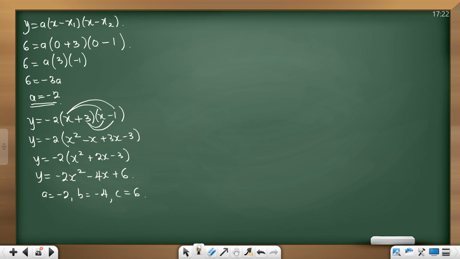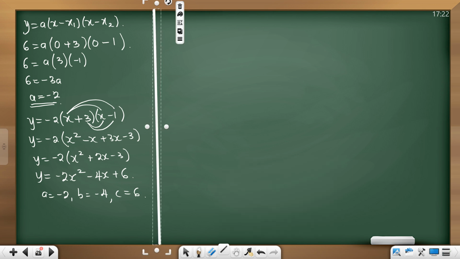Please write quickly. Are we done, everybody? That's how to get the equation. In your spare time, you can use minus b over 2a, and you'll actually get your b as negative 4 very quickly.